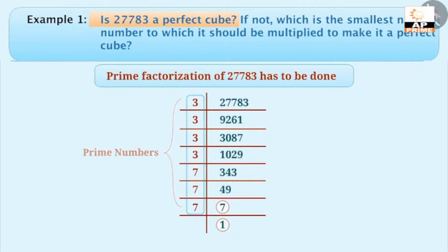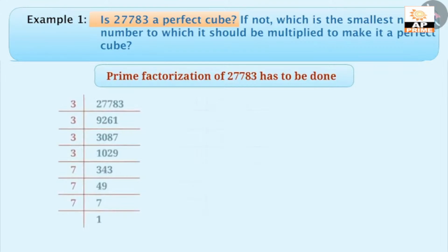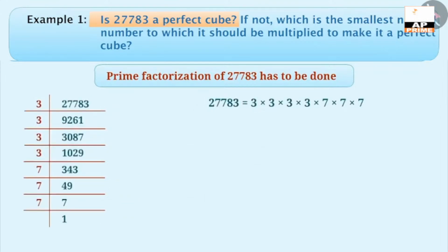Now we can write 27,783 as 3 multiplied by 3 multiplied by 3 multiplied by 3 multiplied by 7 multiplied by 7 multiplied by 7. Therefore, we can write this as 3 to the power of 3 multiplied by 3 multiplied by 7 to the power of 3. Is the power of all factors 3 here?